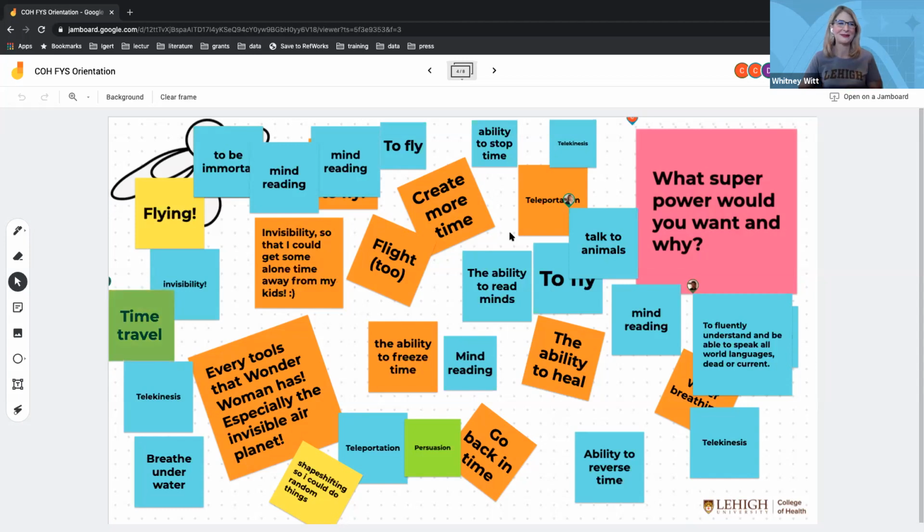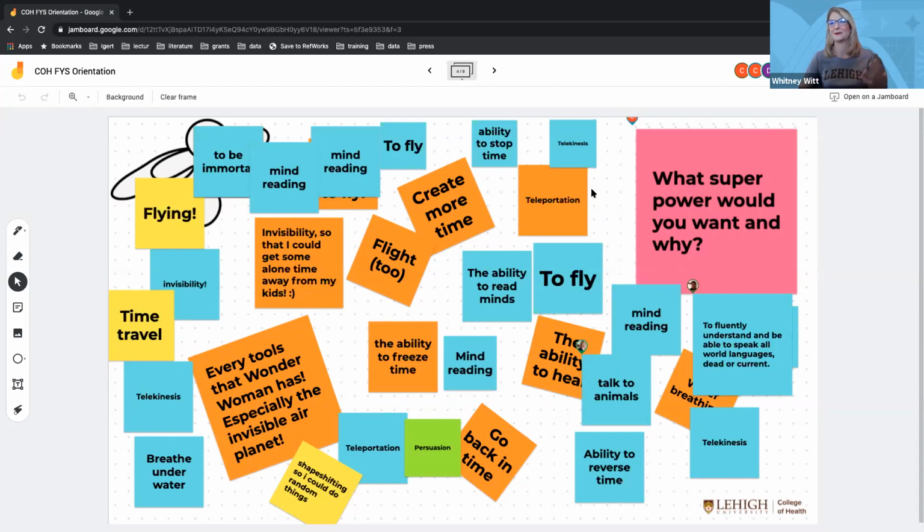Flying, mind reading skills, the ability to reverse time, speaking in all languages, both current and with the dead, to create more time, the power of persuasion, the ability to heal, breathing underwater, the superpower of being able to teleport yourself.